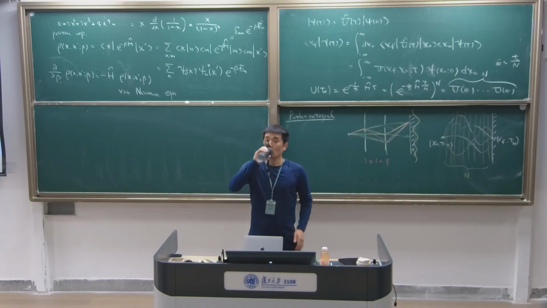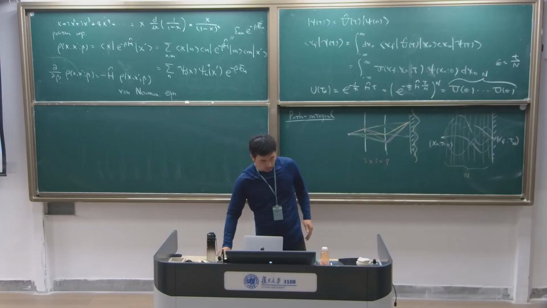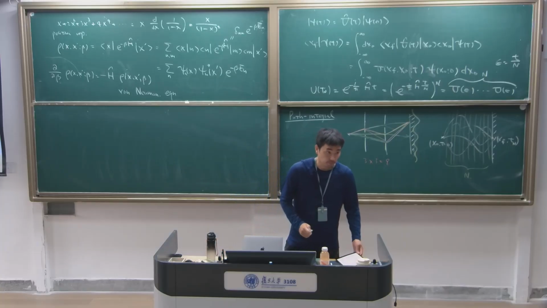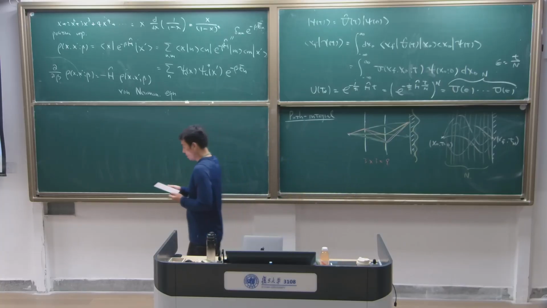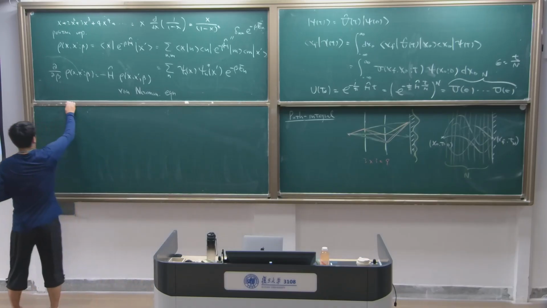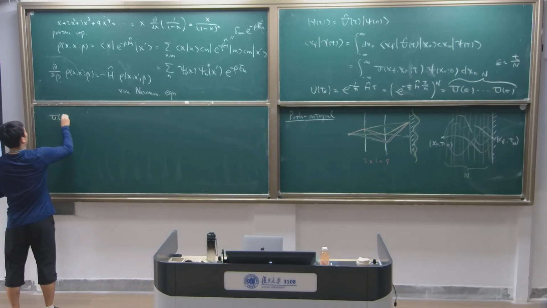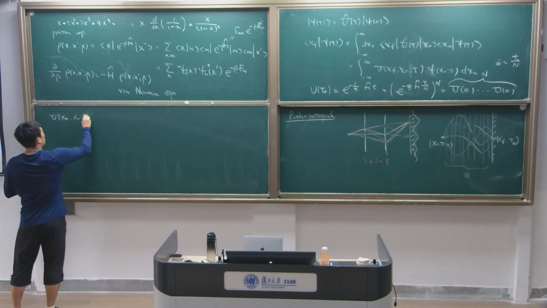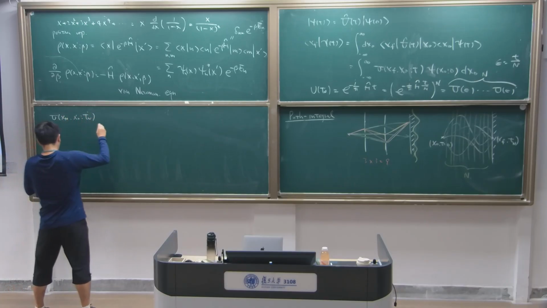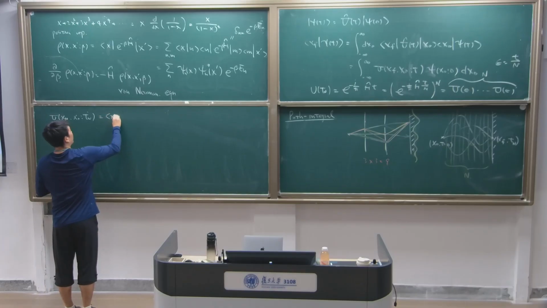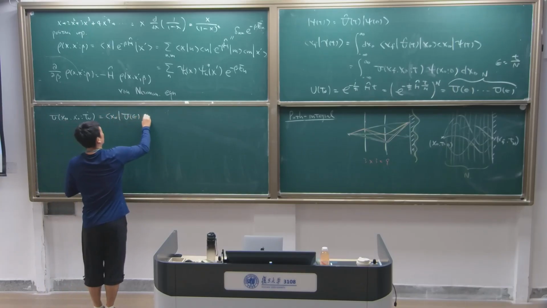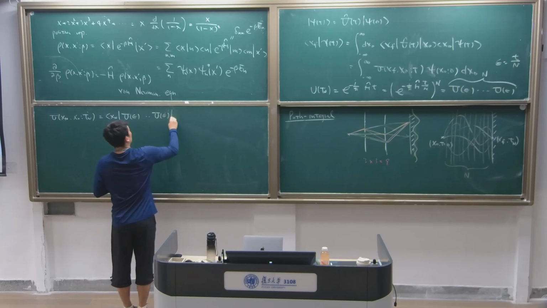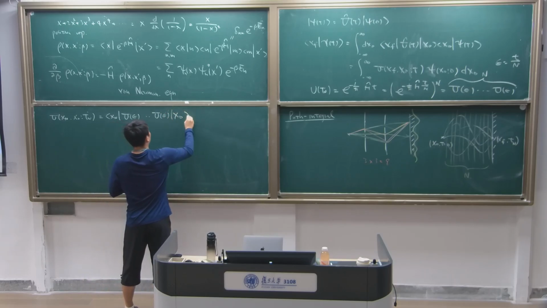So then, what's this unitary operator from? This can be understood as ⟨x_n|U(ε)|x_0⟩, like this.